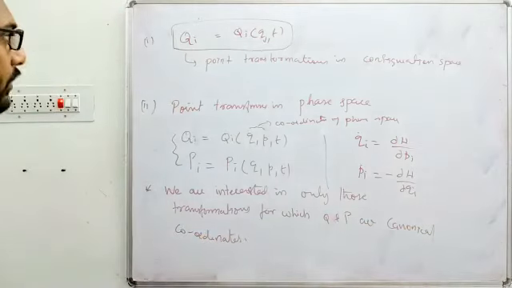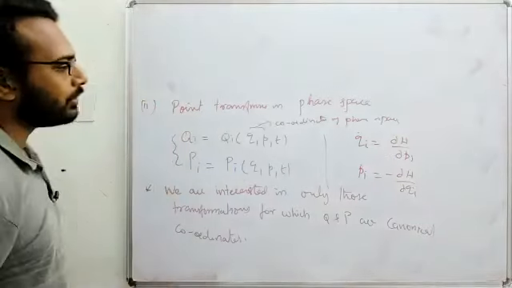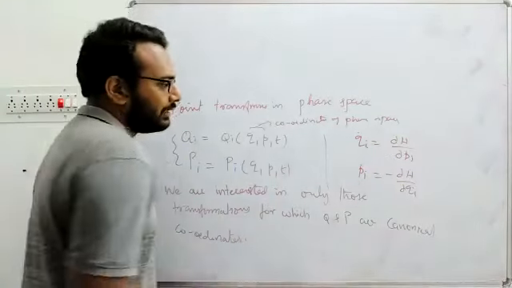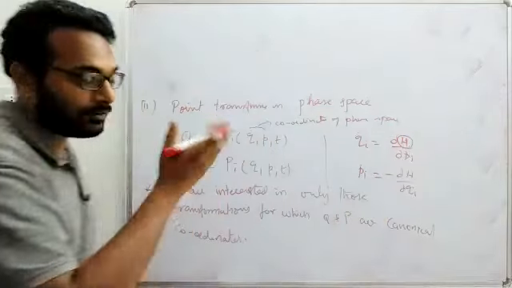What do you mean by canonical coordinates? That's not very clear, but the idea is, what was the important thing about this Qi and Pi? The important thing is that there exists a function H in the phase space.